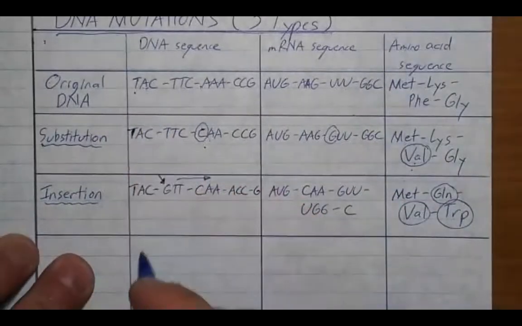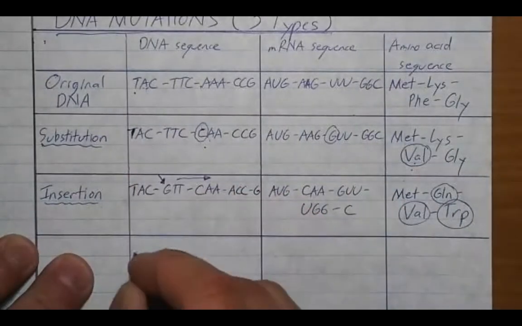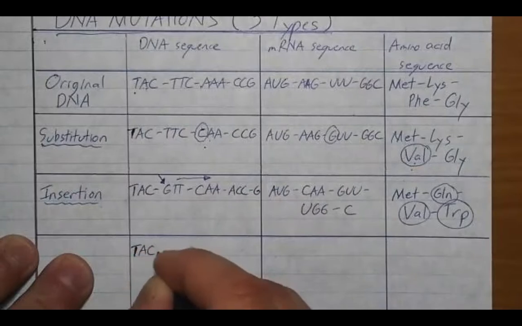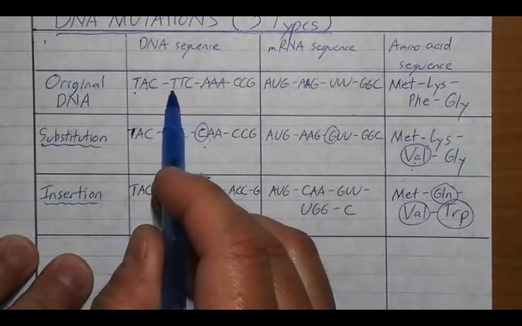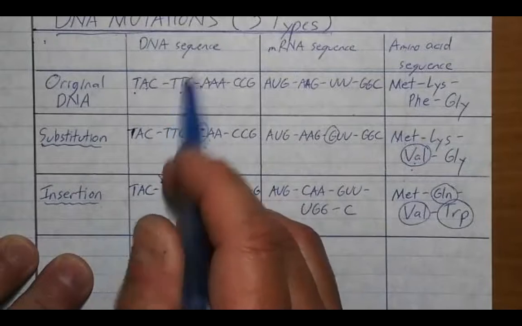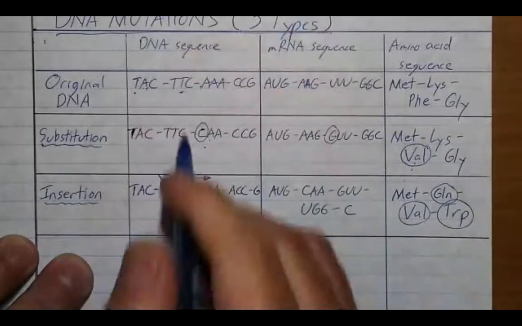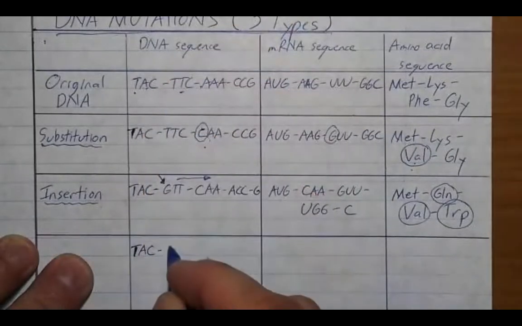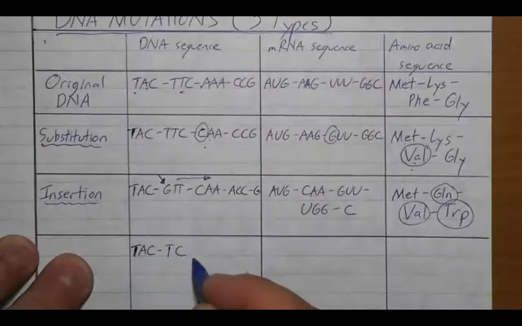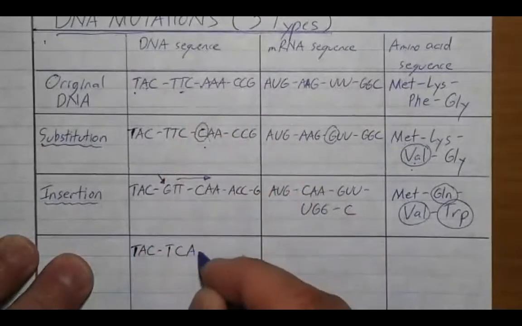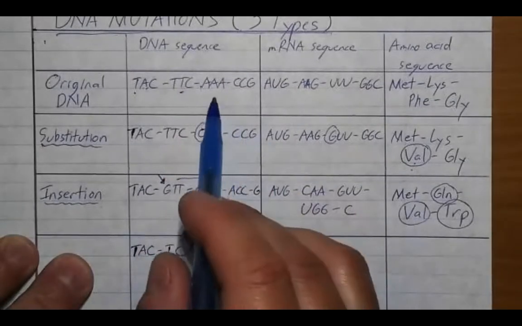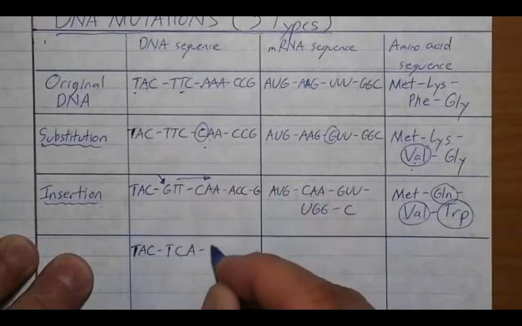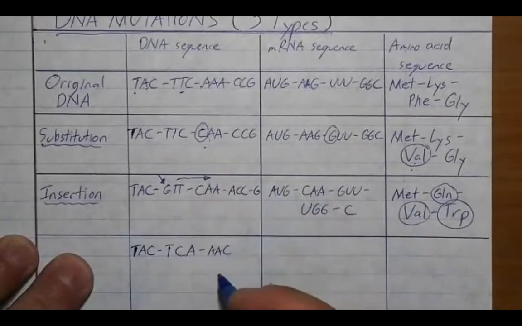Okay. So let's look back at the original. Okay, so we have TAC, just like we did. But this time I'm going to take this, it usually goes TT. I'm going to take that second T and I'm going to pull it out and get rid of it. So the C slides to the left. So now I got T, C, and then the A comes over. And then now these A's shift, so I get AAC.